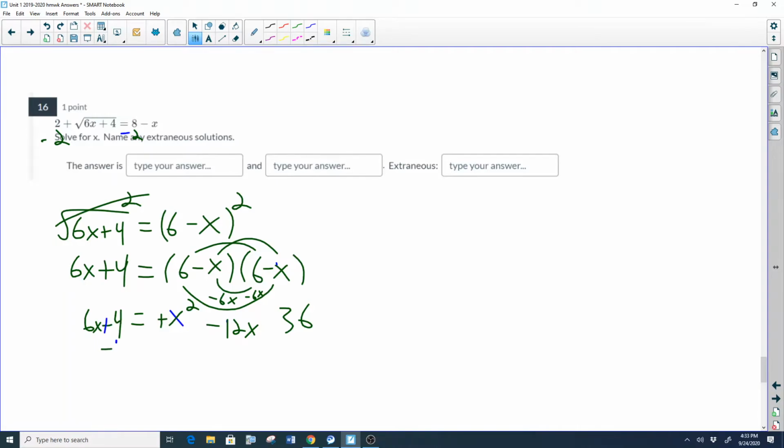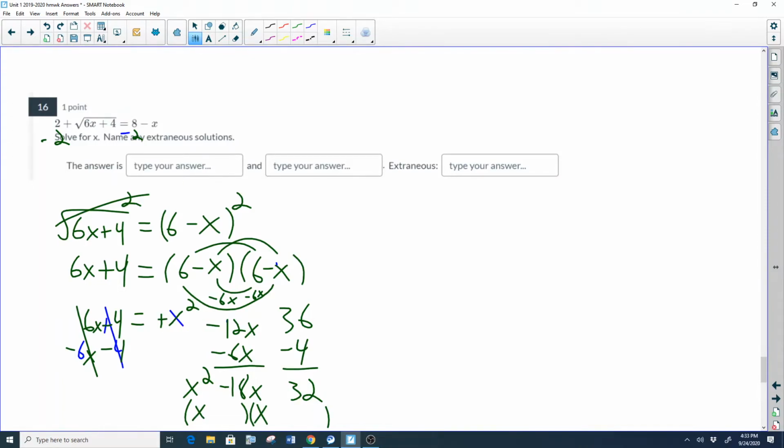Now we're going to minus 4. We get 32. Then you're going to also minus 6x, getting everything on the same side. So now we get negative 18x. Good. Then we're going to factor that. So we get x and x.